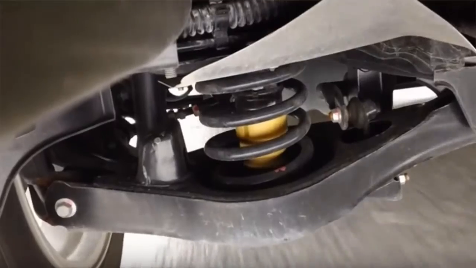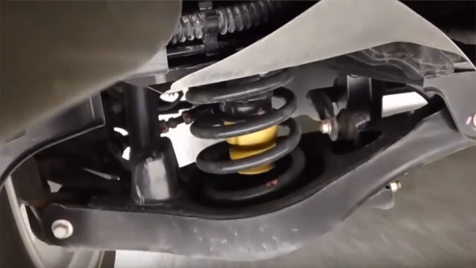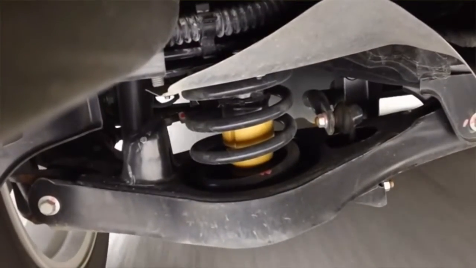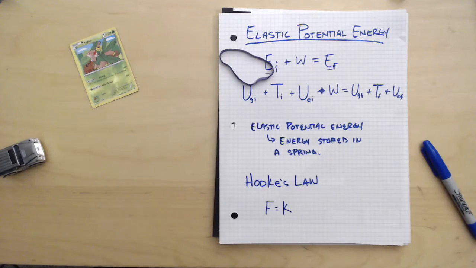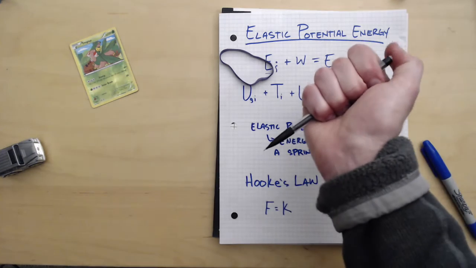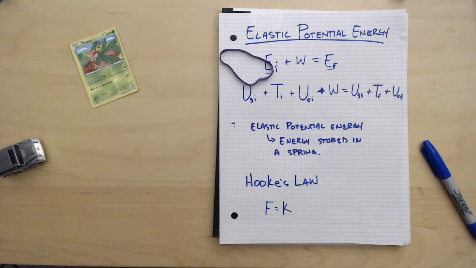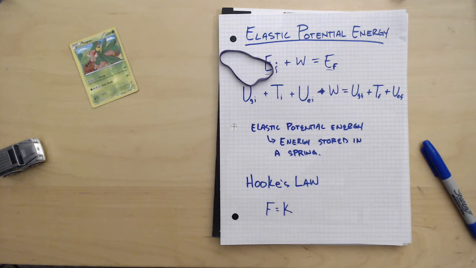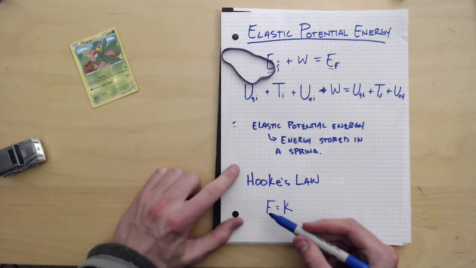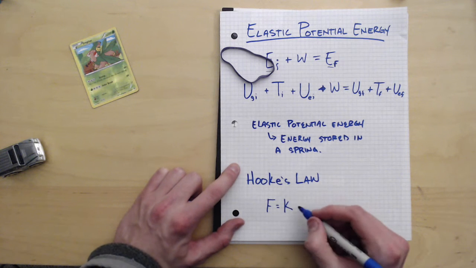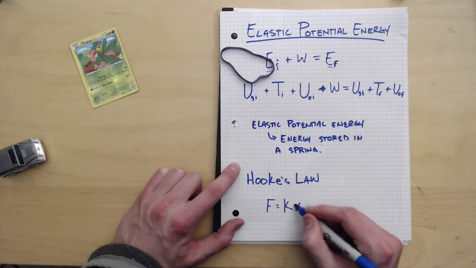There are springs in car suspension systems that need to be a lot more stiff than this, and there are springs in your pen or pencil that should probably be a little less stiff than that. So that k value just describes what that is.